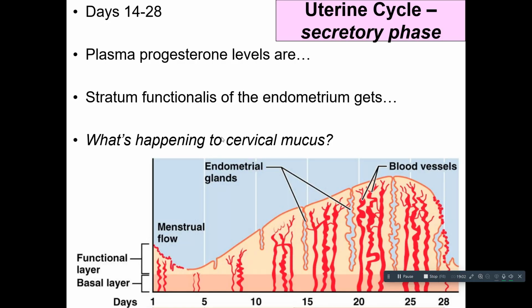And meanwhile, now cervical mucus is going to get thicker because now the body is assuming, hey, we're pregnant. So it doesn't want to let anything through the cervical canal that could be harmful to the developing embryo. So the viscosity of the mucus is going to increase. It is going to thicken. And of course, assuming pregnancy does not happen, eventually progesterone levels are going to fall, and then the stratum functionalis is going to be sloughed away, and we're back at the beginning of the menstrual phase.